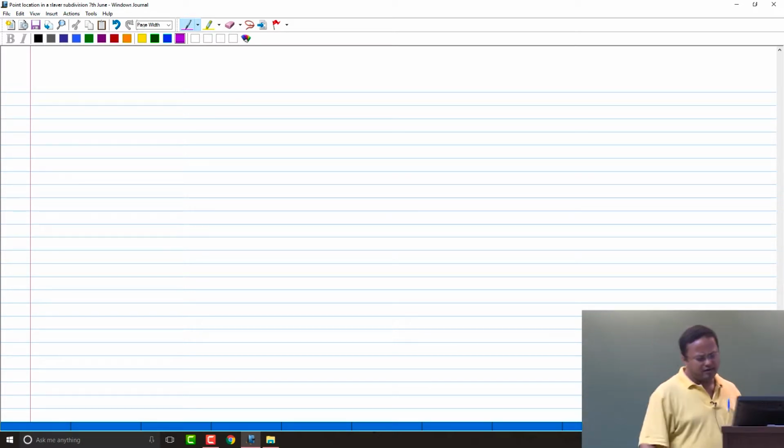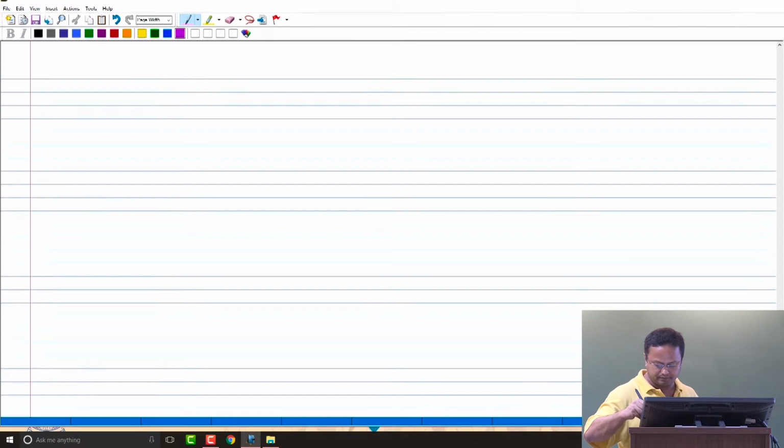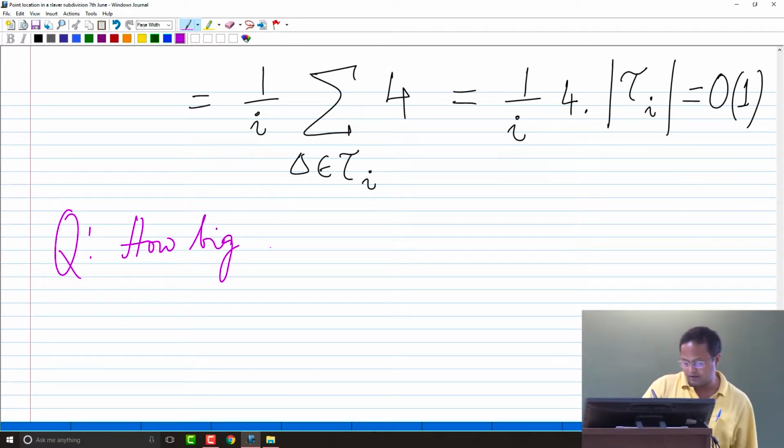Okay. Maybe you can think of this. What is happening? You can go here. So, this is a question of which you can think. How big can the data structure be?